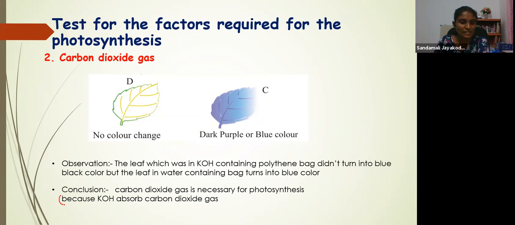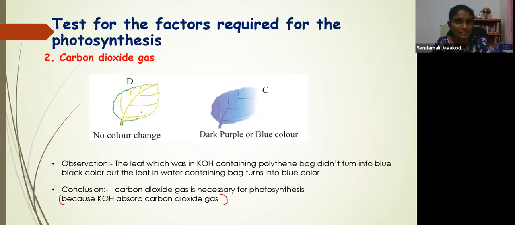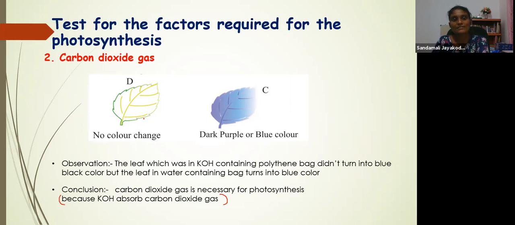Here it is mentioned that we get these results because the KOH with leaf D absorbs carbon dioxide gas. So that is about the test for checking whether carbon dioxide gas is essential for photosynthesis, and that is our result.